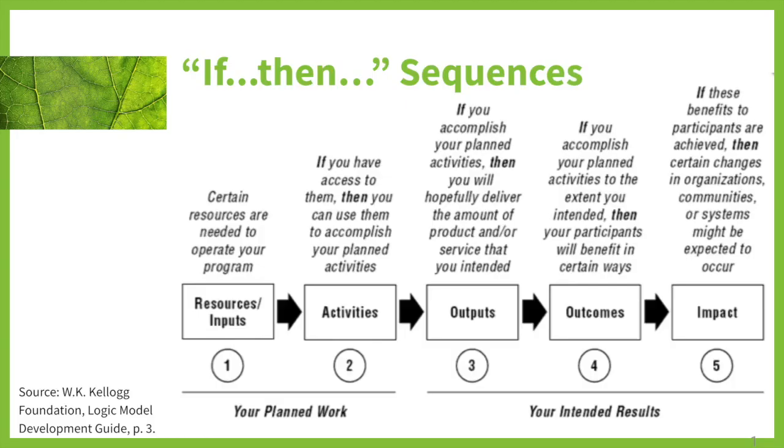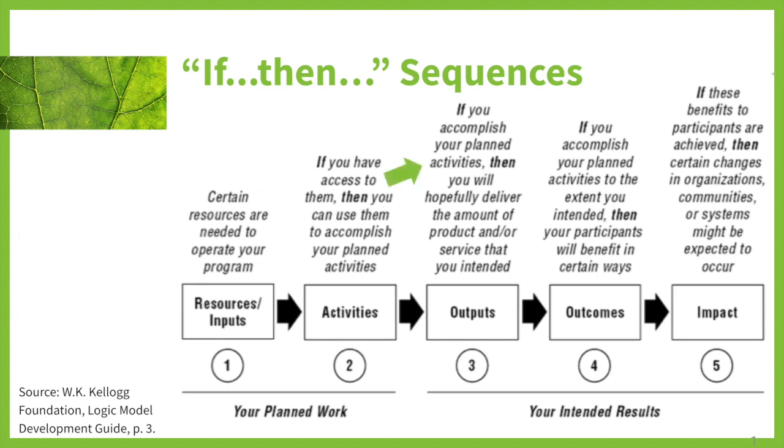As you are working on your resources, activities, and outputs, here's one way to check the logical flow of your model. The Kellogg Foundation's guide illustrates using if-then statements to read if your planned work logically connects to your intended results. Certain resources are needed to operate your program. If you have access to them, then you can use them to accomplish your planned activities.